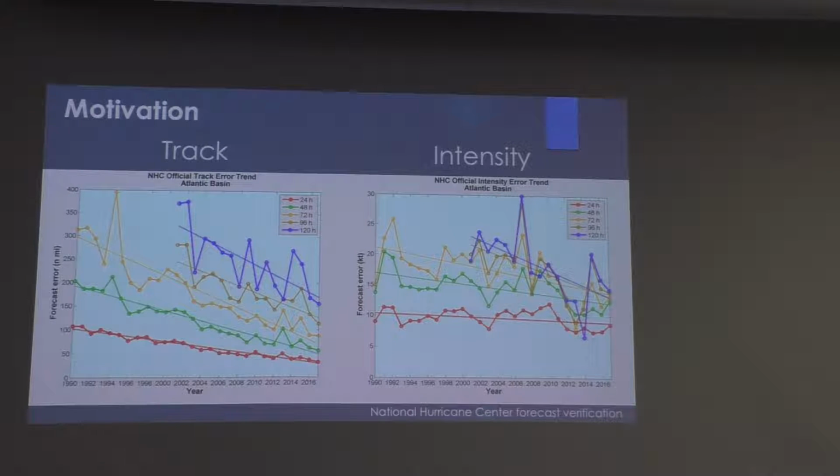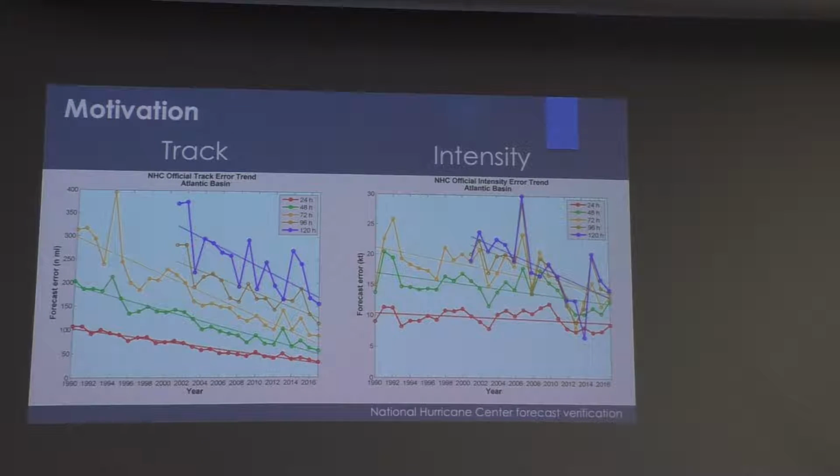Partially, for track, there was a large focus on it that helped spur understandings and improvements in how we treat the steering flow of tropical cyclones. And so now that shift has been focused on intensity, trying to understand more of the mechanisms that are driving intensity, particularly in rapidly intensifying tropical cyclones.